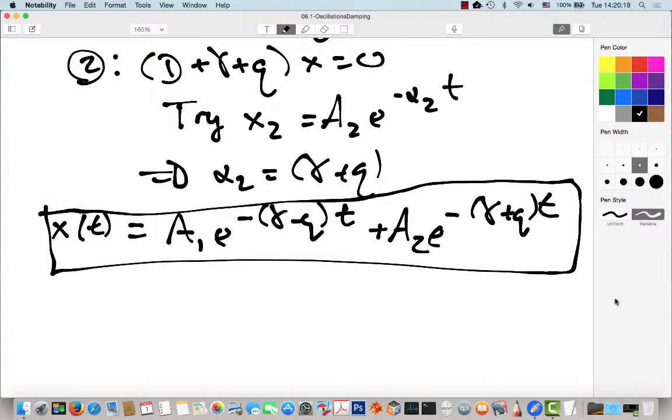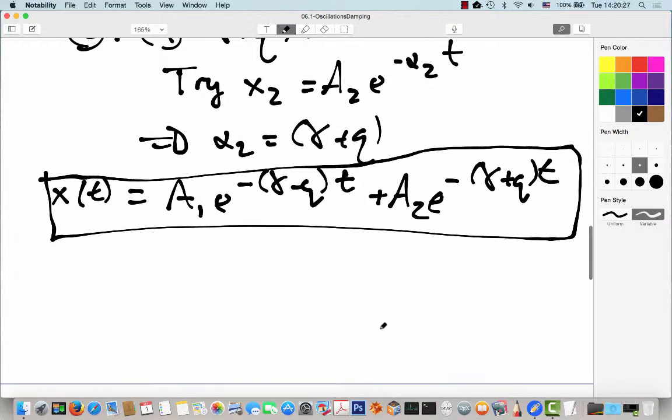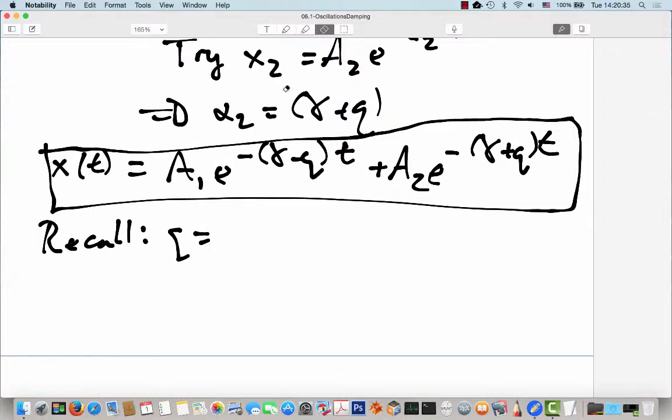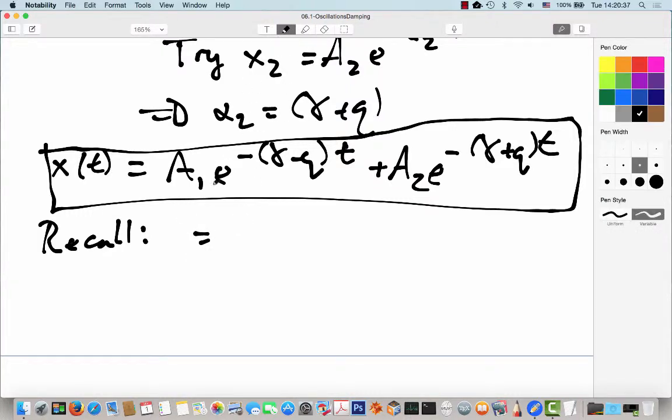Well, that's all well and good. So now we've got to think about what the solution actually looks like. Now, it'll be helpful for us to recall that q is equal to the square root of gamma squared minus omega naught squared.